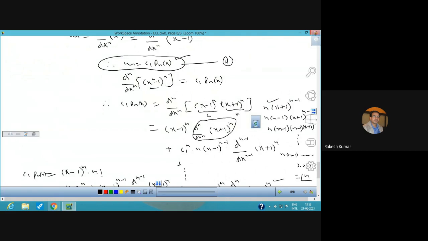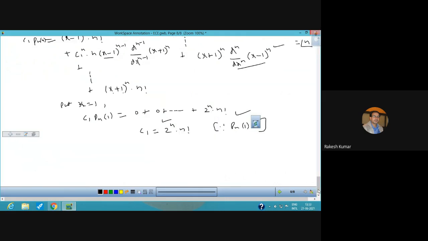So in 4 we can use the value of C1, and from 4 you will have C1 Pn(x) is equal to Un gives 2 raised to power n into n factorial Pn(x) is equal to Un.